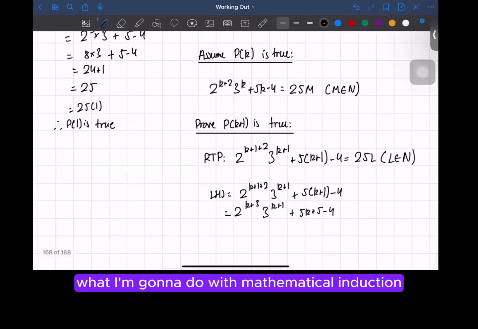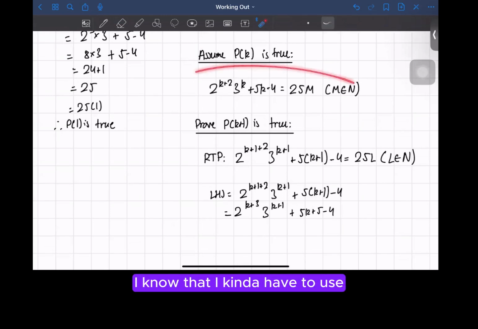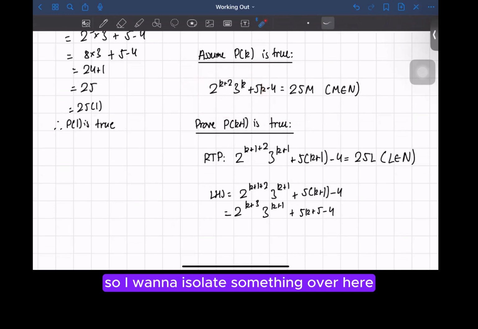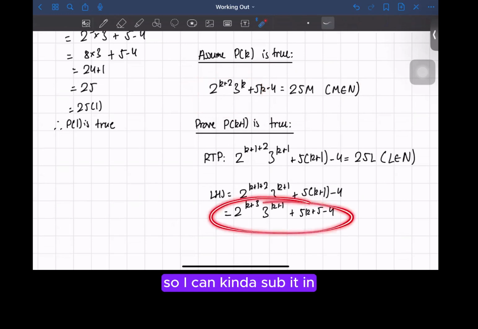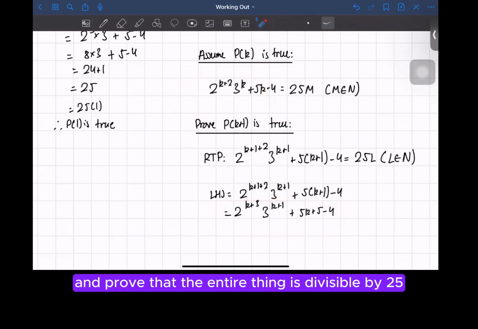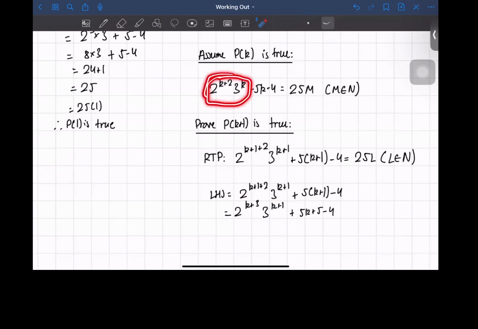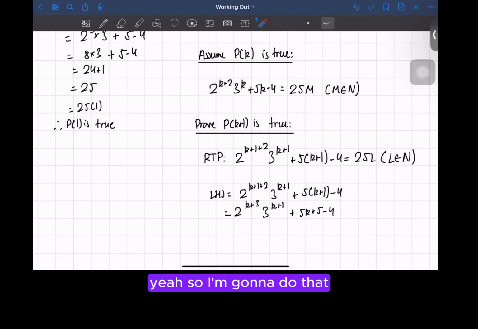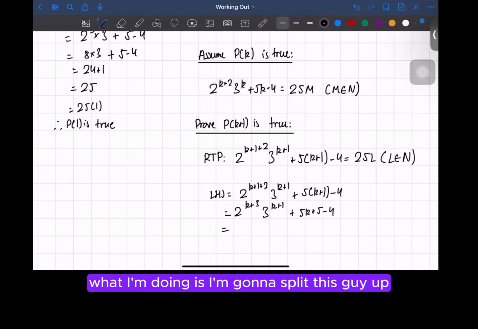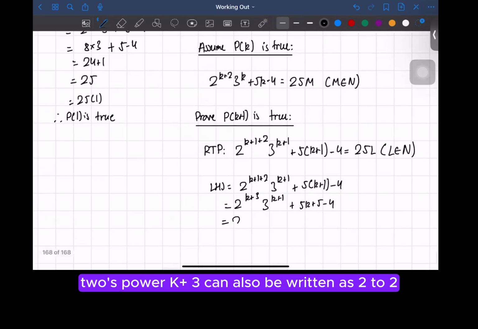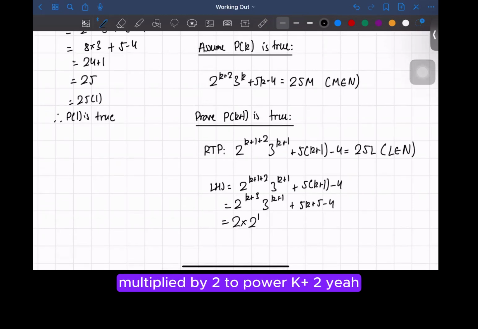From here, with mathematical induction, I know I have to use the assumed PK from before. So I want to isolate a term here so I can sub it in and prove that the entire thing is divisible by 25. To do that, I'm going to split this up. 2 to the power of k plus 3 can also be written as 2 multiplied by 2 to the power of k plus 2.